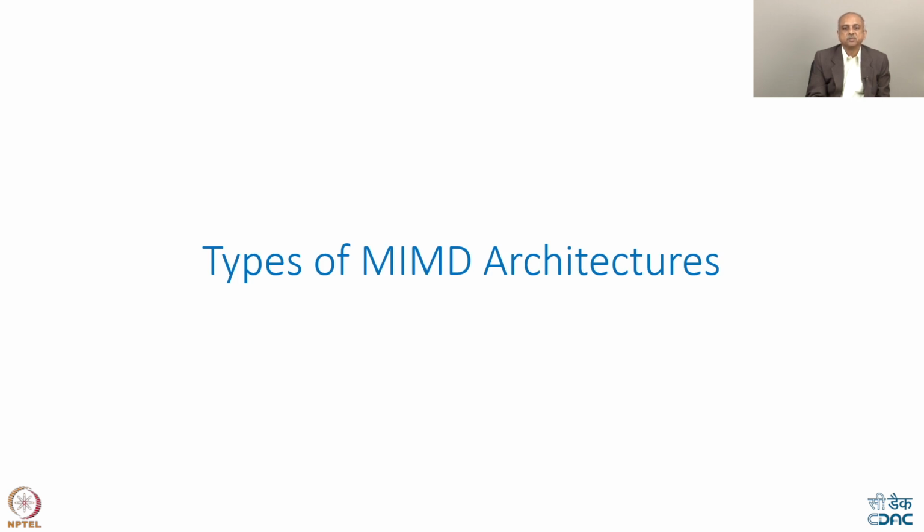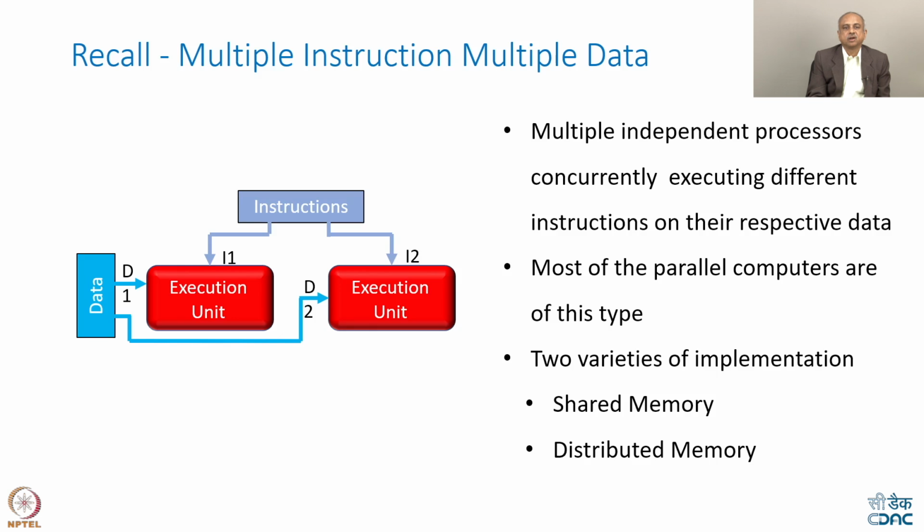Now, coming to the main memory, let us recall the MIMD kind of architecture which we studied in the previous lecture. In this case, we have multiple instruction streams working on multiple data streams in the multiple execution units. So, how is memory implemented for such processors? There are two ways, one is called shared memory, the other is called distributed memory.